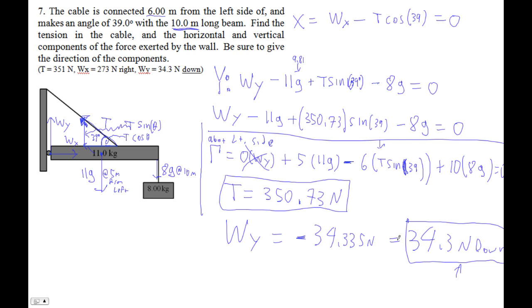All right, and then now we can set up our x expression, right? Okay, so our x expression is wall in the x direction minus, and then T is 350.73 cos 39 equals 0.